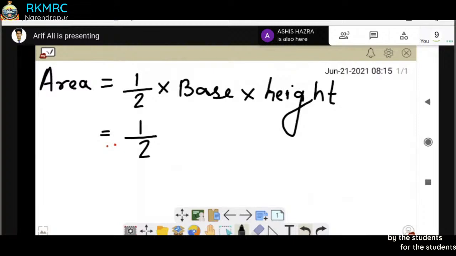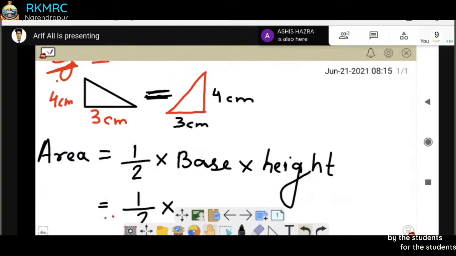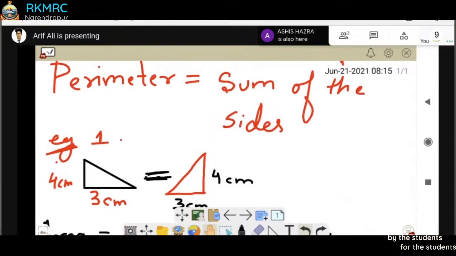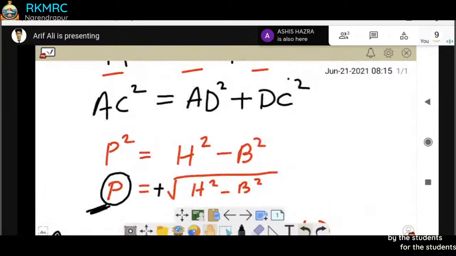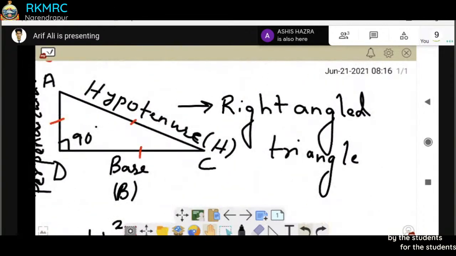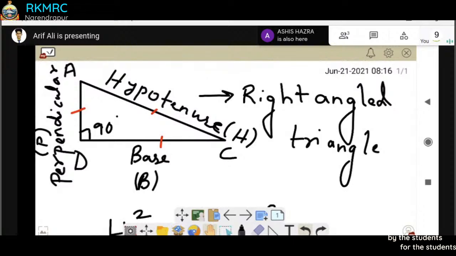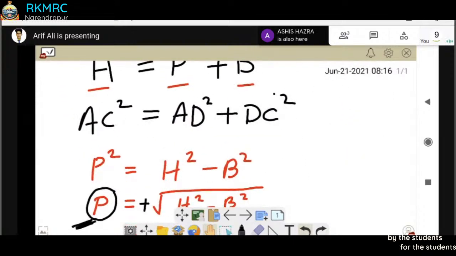Half base, you can check here, this is your base.